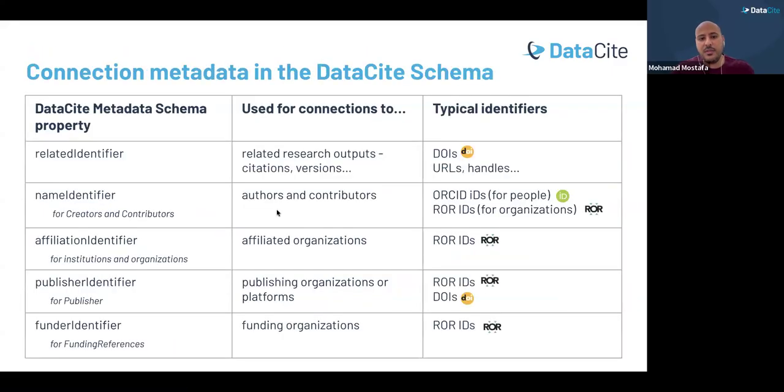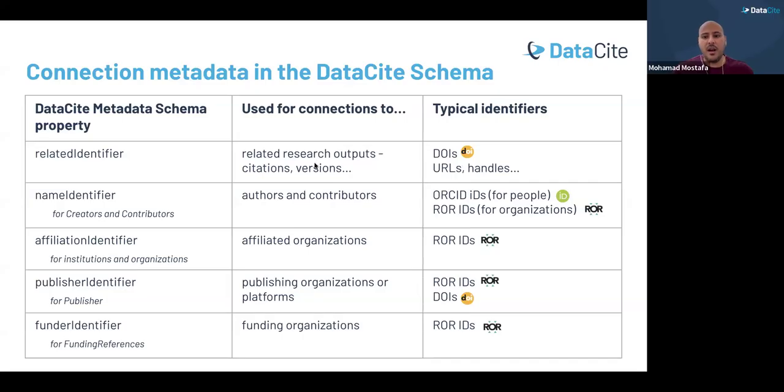So in terms of connection metadata in the DataCite schema, you can use the related identifier property, and in this case you can link to research outputs. You can refer to citations, and to a version as well. The typical identifiers you can use are a DOI, URL, or handle.